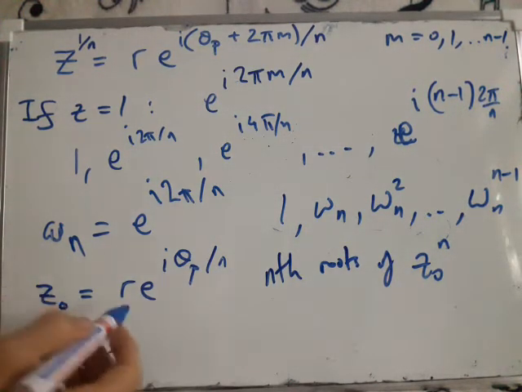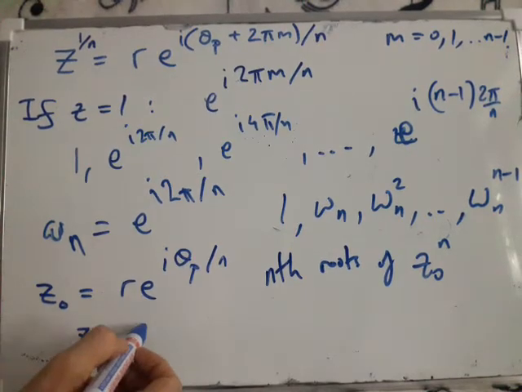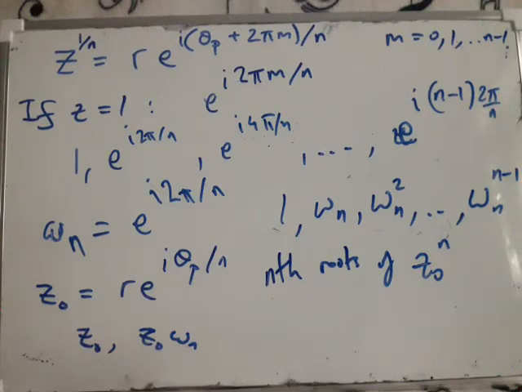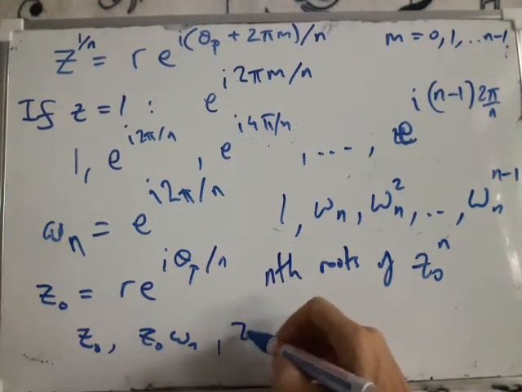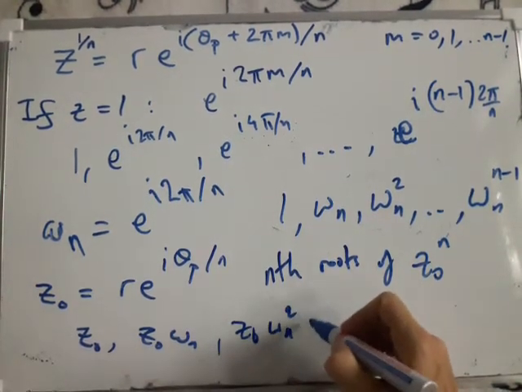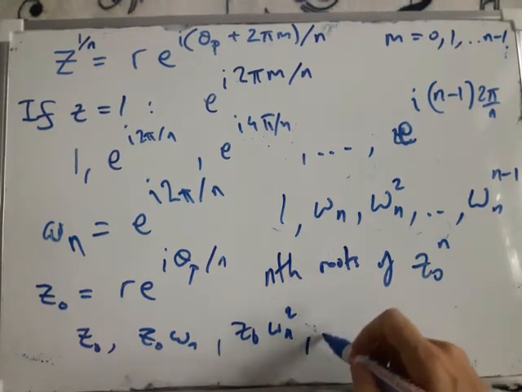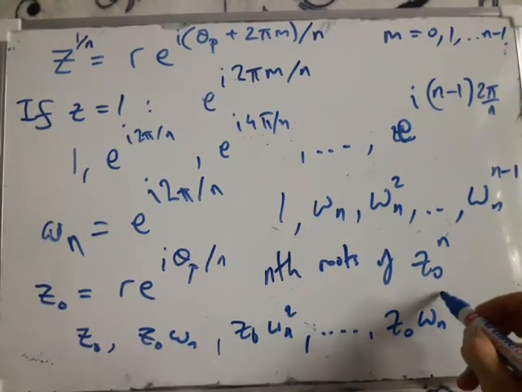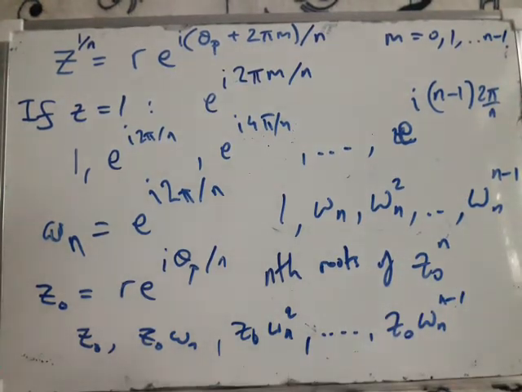Then they will be z naught, z naught omega n, z naught omega n squared, and so on, up to z naught omega n to the power n minus 1.